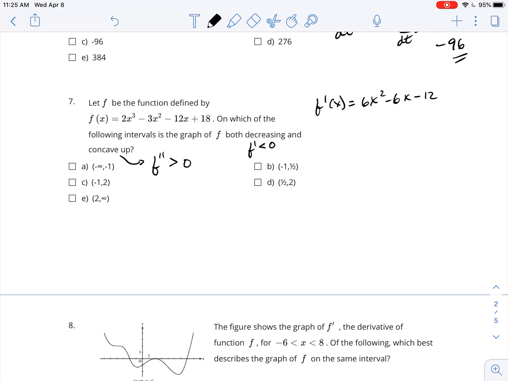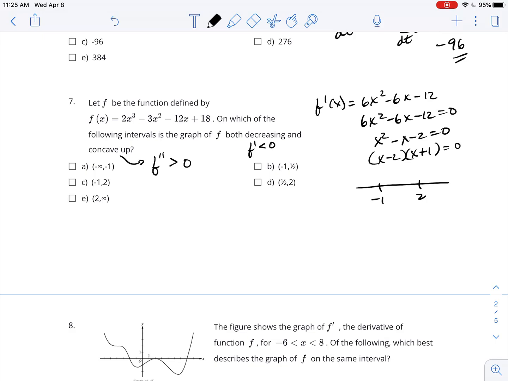So f prime of the function is 6x squared minus 6x minus 12, and if I set that equal to 0, I'm going to divide everything by 6, so I have x squared minus x minus 2, and then factor that, x minus 2, x plus 1.